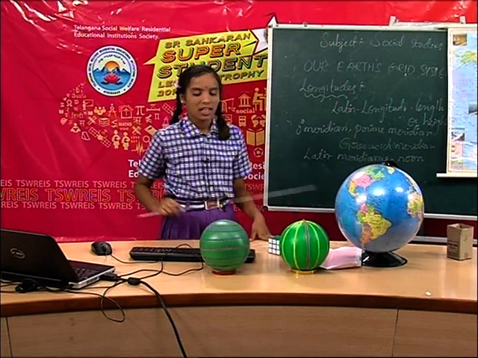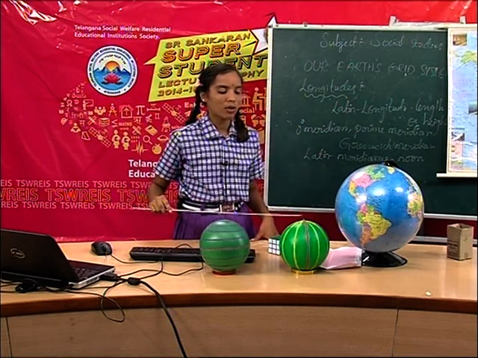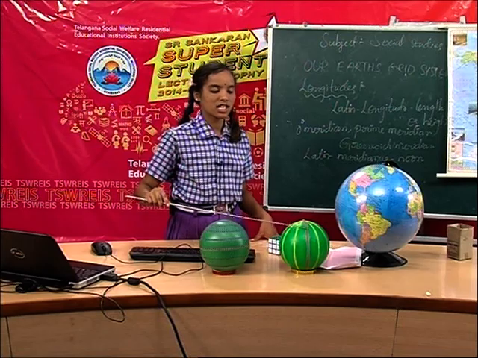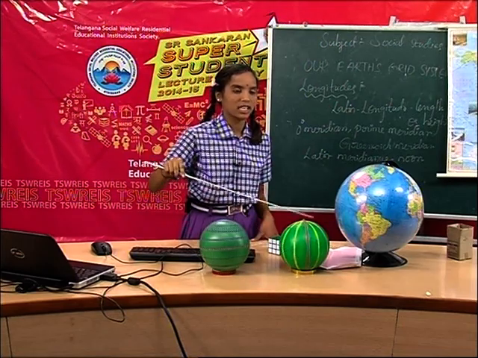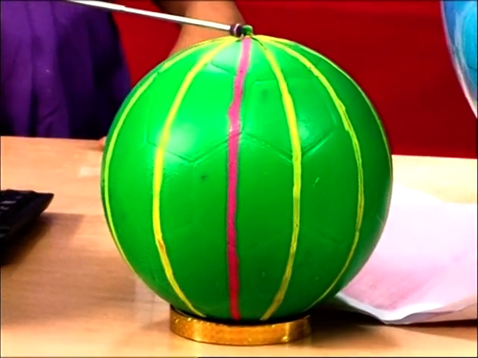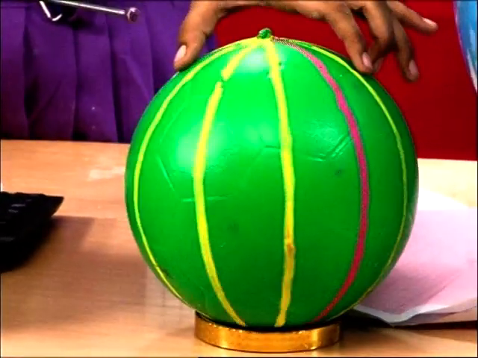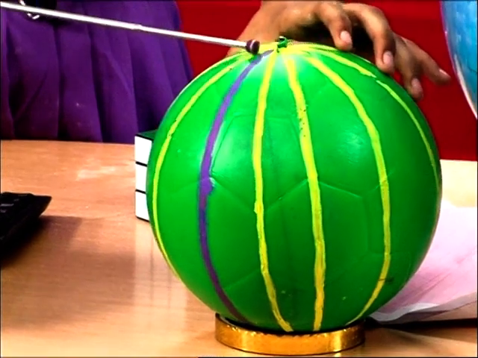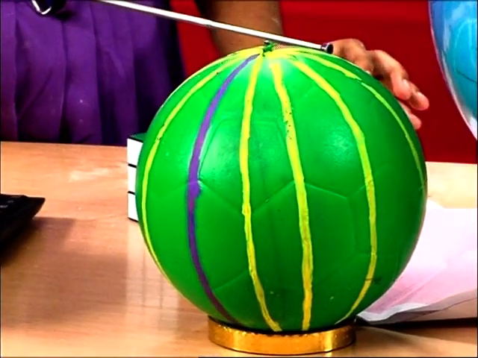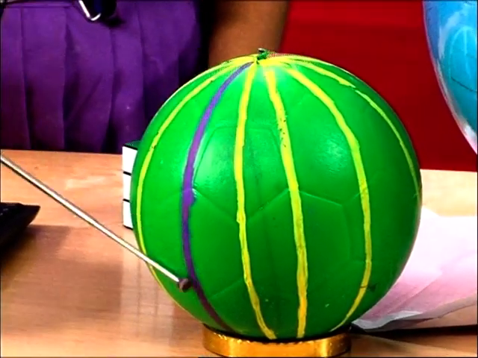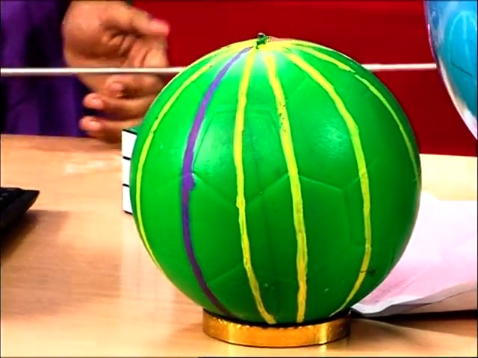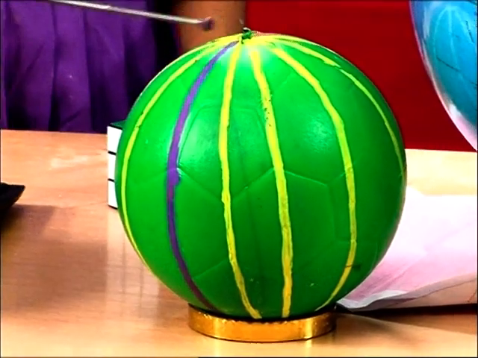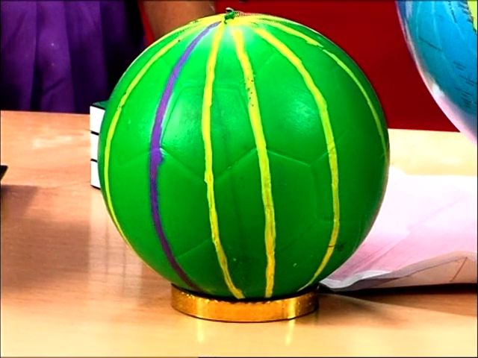And friends, all of you look here. This is the 0 degree longitude, and the opposite longitude for the 0 degree longitude is called the anti-meridian. Here anti means opposite to, and for this 0 degree longitude this is the directly opposite longitude.